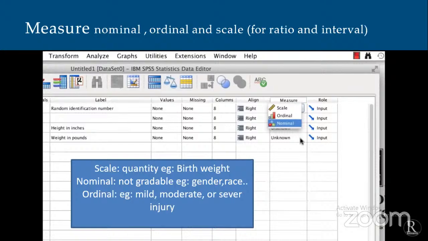Nominal for non-gradable variables like gender, race, and religion. And ordinal, for example, mild, moderate, severe, it is gradable but cannot be in quantities, so it will be ordinal. So we have 3 types of measurement in SPSS, either scale for numbers, ordinal, or nominal.